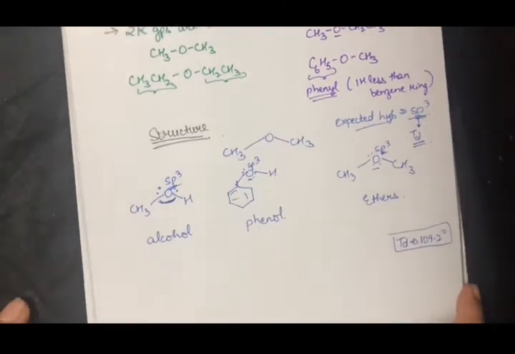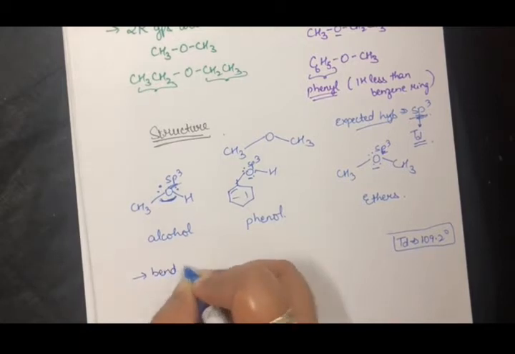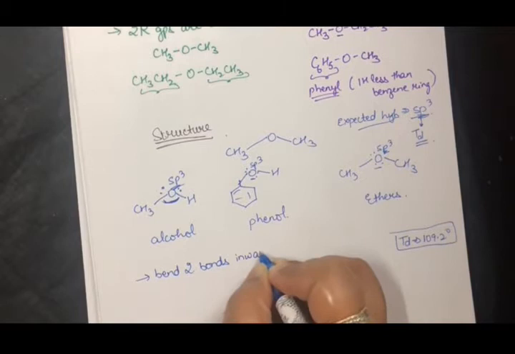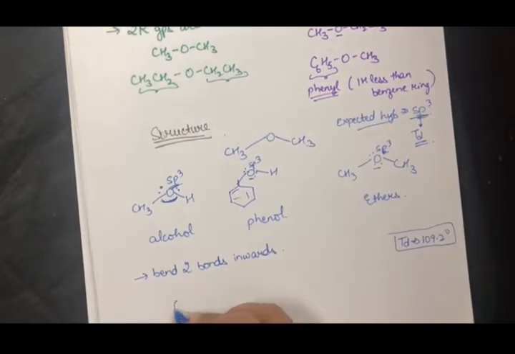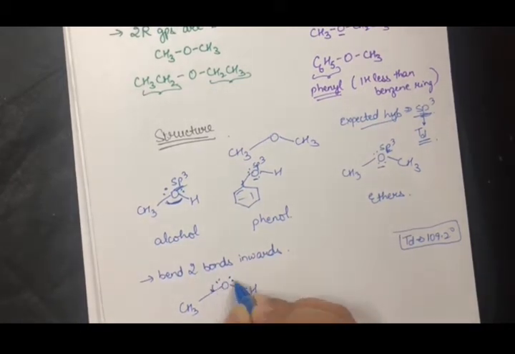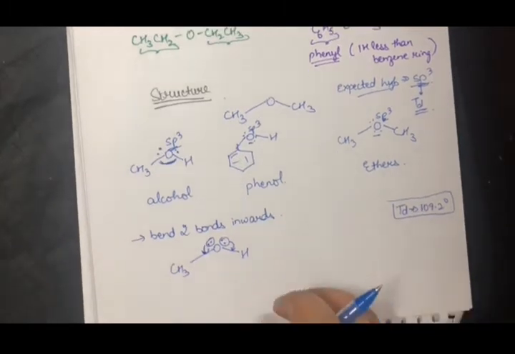Now these 2 lone pairs bend the 2 bonds inwards. Right, so what is happening? For example, if this was my alcohol, these two lone pairs are bending my bonds inwards. So there would be a very small reduction in the angle.